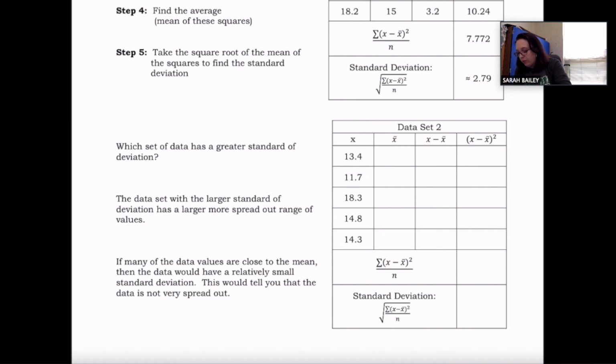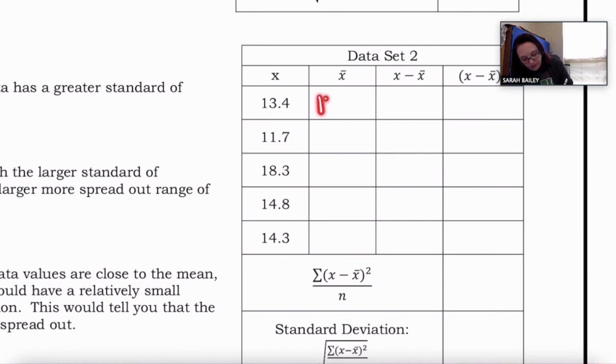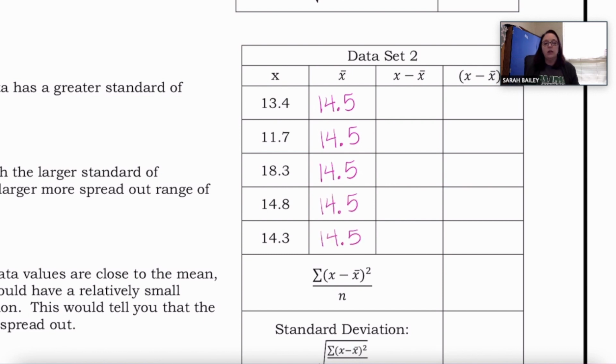And now I'm going to come over here, and I'm going to write 14.5 right here, next to every one of those data values. Now I'm going to do some subtraction. So I'm going to do each one. I'm going to do 13.4 minus 14.5, and I get negative 1.1.